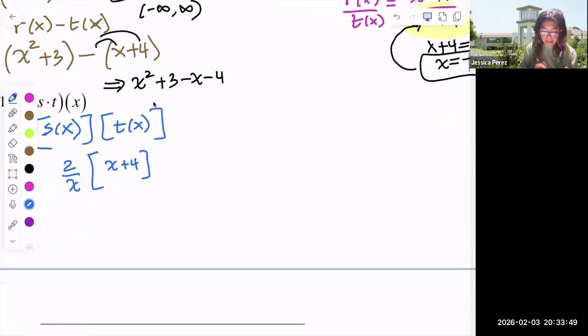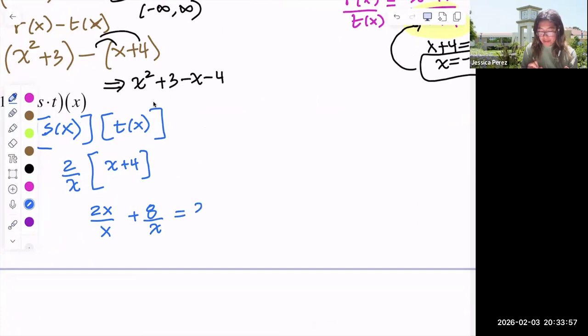So if we multiply it out, we get 2x over x plus 8 over x. If we simplify that, that's just a 2 plus 8 over x. And then what's not allowed in my denominator? x cannot equal 0. So we have to make sure that we state that.